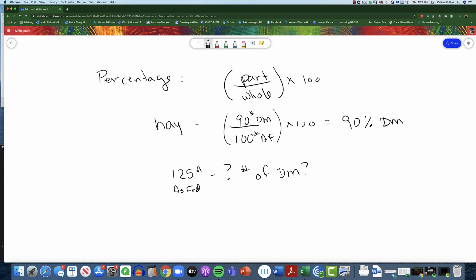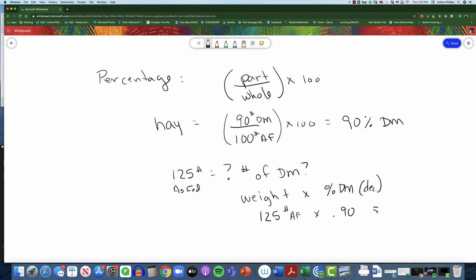To do that, we would simply take the weight times the percent dry matter on a decimal basis. So for this case, it'd be 125 pounds as fed times 0.90.